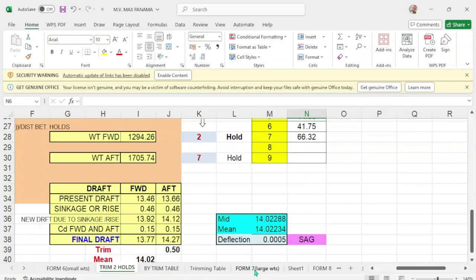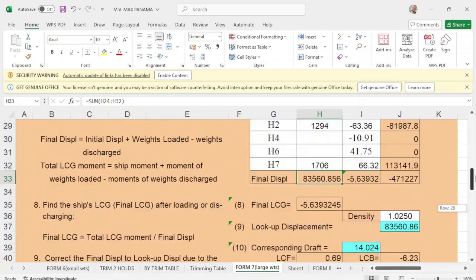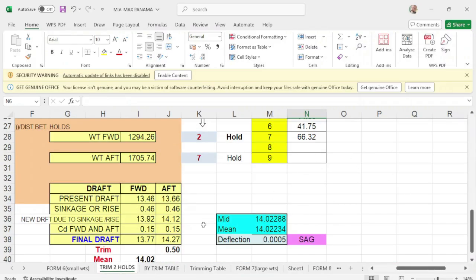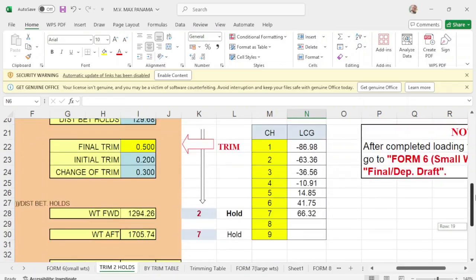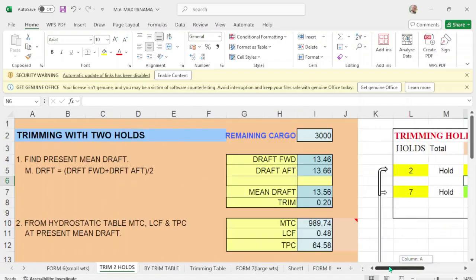So we'll concentrate. This is form 7, which is how to find drop and trim when handling weights involving large changes in mean drop. Now we'll concentrate on this trim to holds, okay? And I will explain it further.